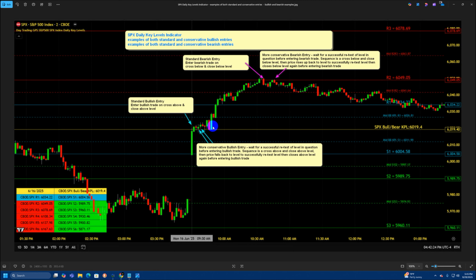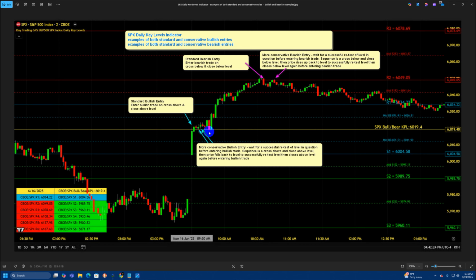Now, just to clarify, the stop loss on either one of these entries, whether you took the standard bullish entry or the more conservative retest-required bullish entry, your standard stop loss is the first midpoint level below the level in question you're taking the entry from.